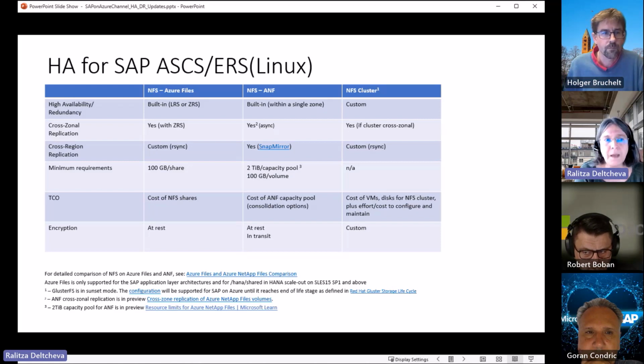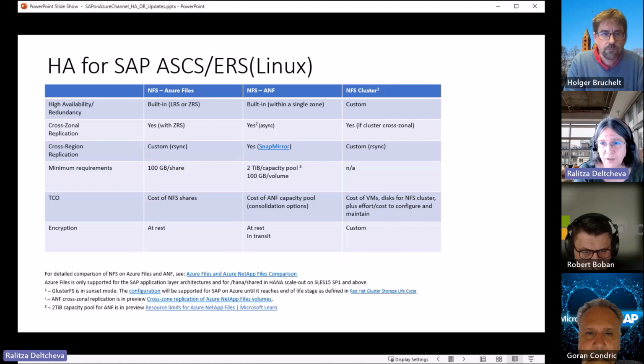in the other zone. With ANF, with NFS on ANF, that works a little bit differently. So in preview currently, there is an option to do cross-zonal replication, but it's a discrete replication. It's based on snapshots. So every so many minutes, you get a snapshot replication from one zone to another.